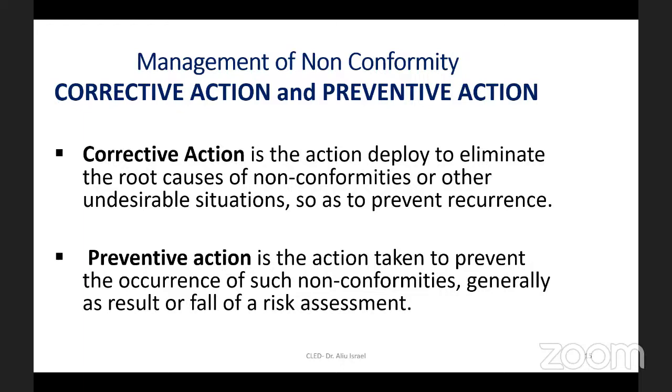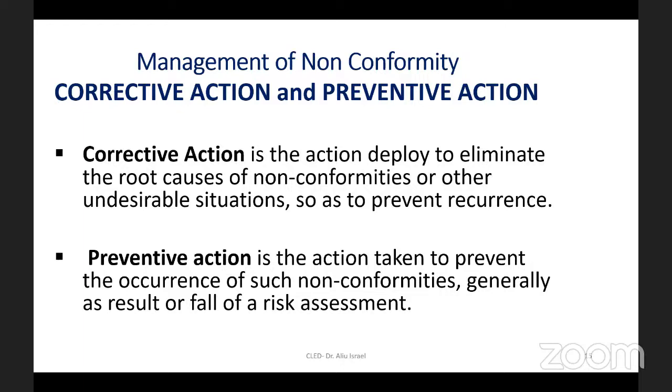So basically, for the management of the non-conformity, corrective actions and preventive action: just as I said, the corrective action is the action deployed to eliminate the root cause of the non-conformities or other undesirable situations, such as to prevent the recurrence. While preventive action is the action taken to prevent the occurrence of such non-conformities.